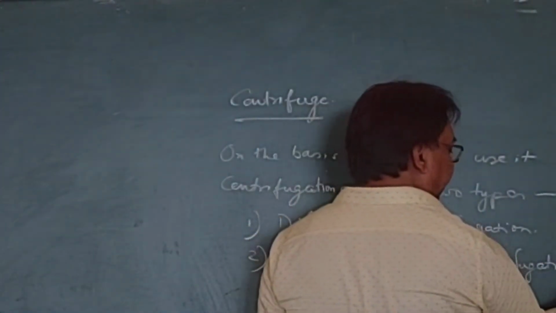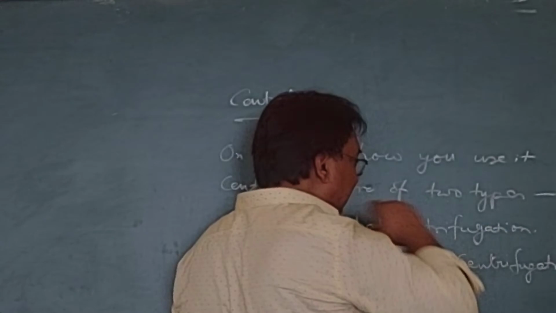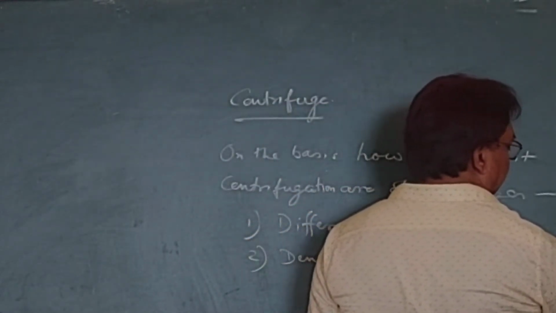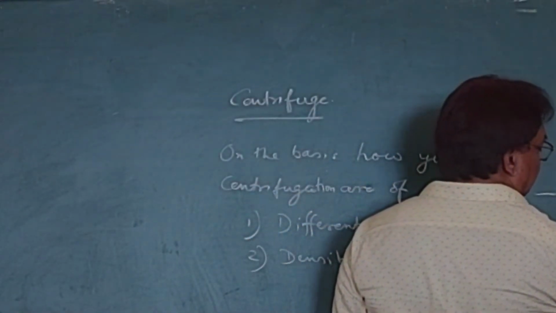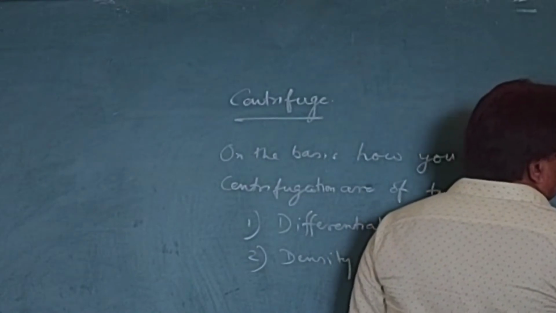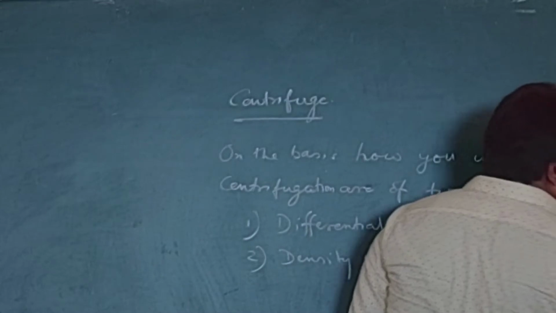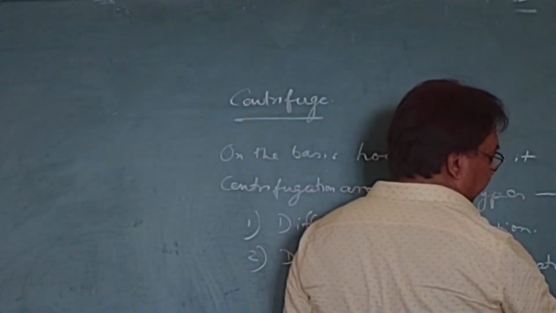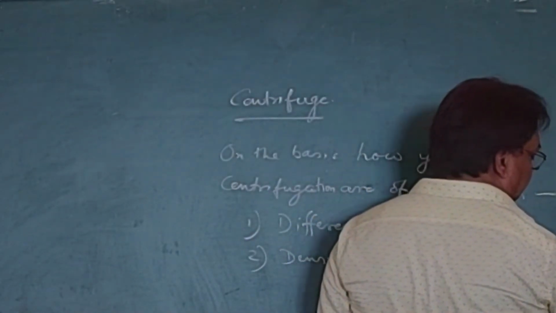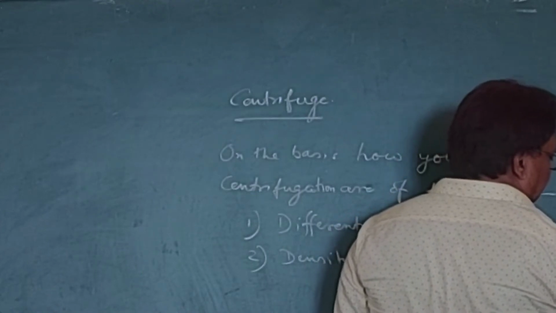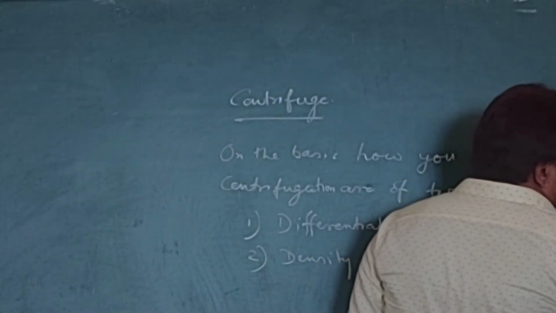This density gradient centrifugation can further be classified into two types: rate zonal density gradient and another one is isopycnic density gradient.